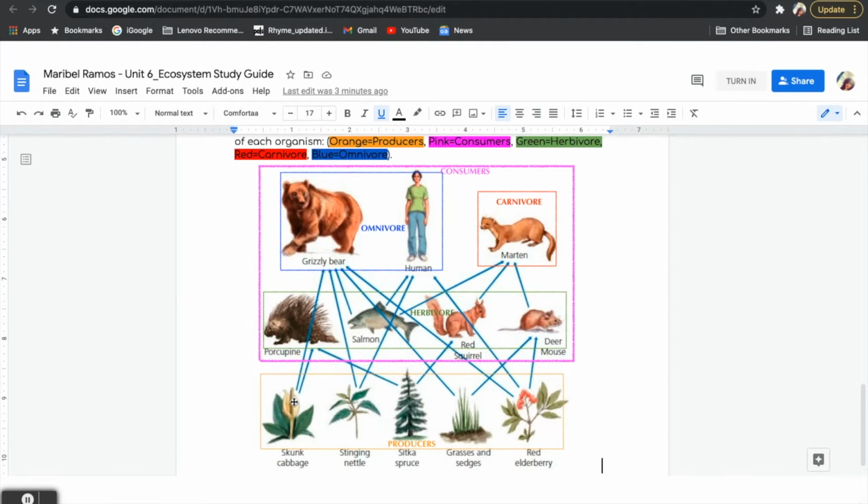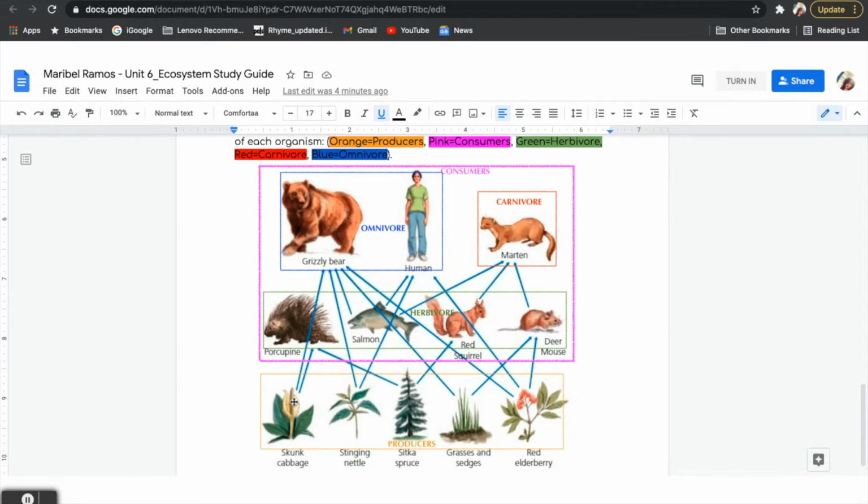All these plants are examples of producers. These producers are able to make food using the sun energy and help themselves grow. When our producers are grown, they are able to help other organisms and ecosystems for food. For example, herbivores. Can you name some herbivores that we see on our food web?